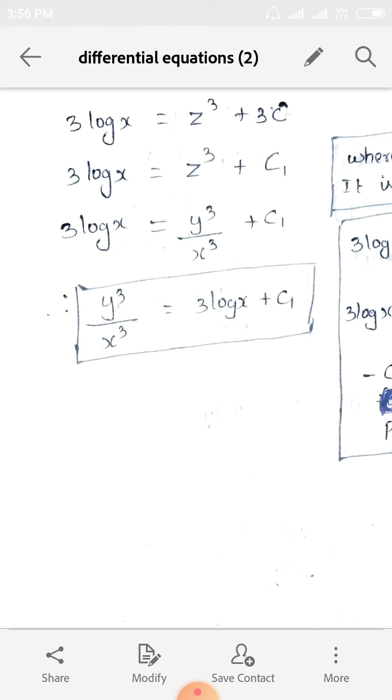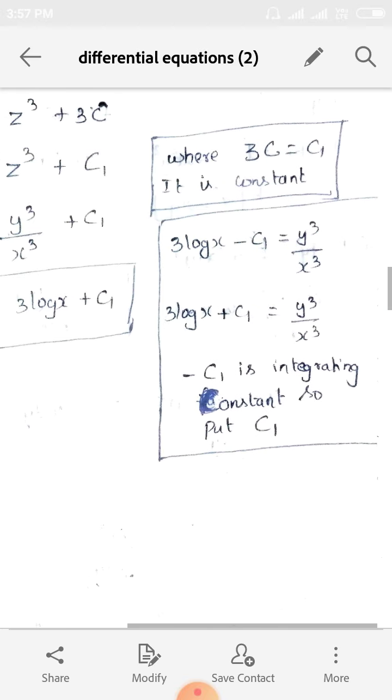Next step is you have to just rewrite: y³/x³ = 3 log x + c1. Actually, c1 comes to the left hand side, it becomes minus c1. But minus c1 is nothing but the same, because c is an integrating constant. So we have to write minus c1 as simply plus c1. So we get y³/x³ = 3 log x + c1. That is the answer.